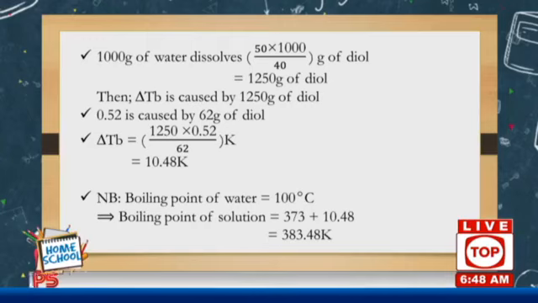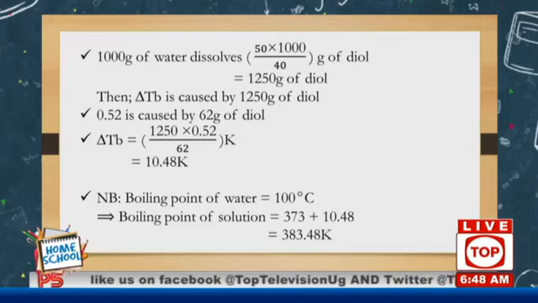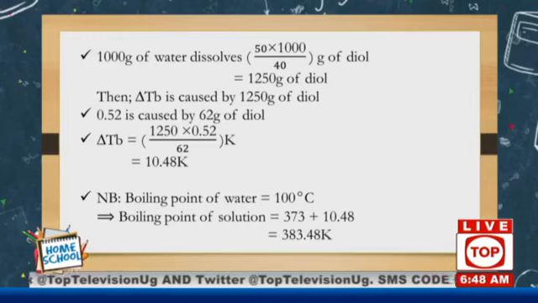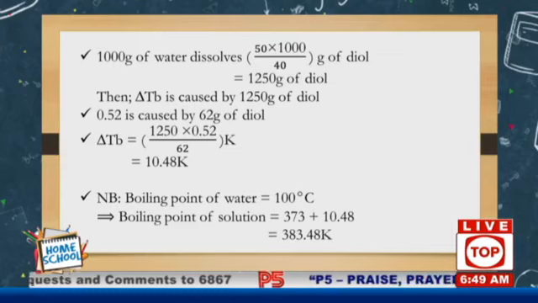This mass causes a boiling point elevation, and the constant 0.25 is caused by 62 grams, the RFM.